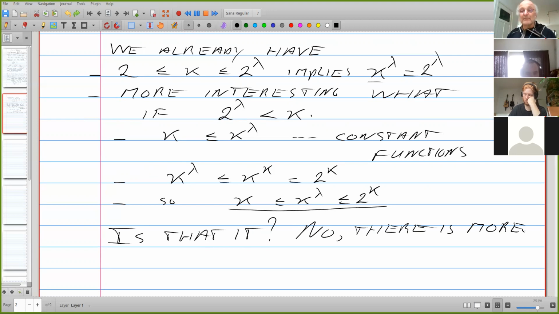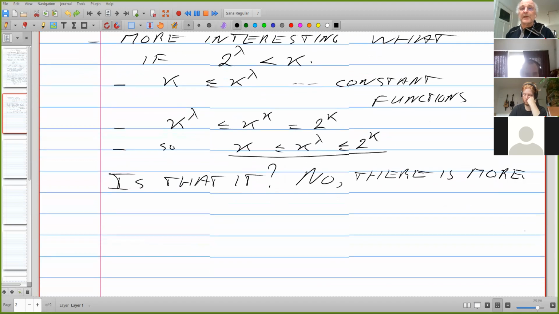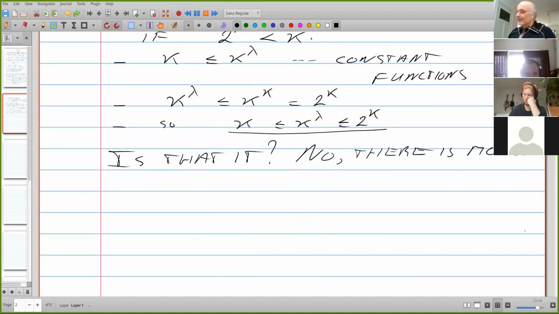If this was it, then I could stop the lecture right now and we could be doing something else. Here is a theorem that's not from chapter 5, but we need it anyway. This is theorem 3.11 from Jech's book.